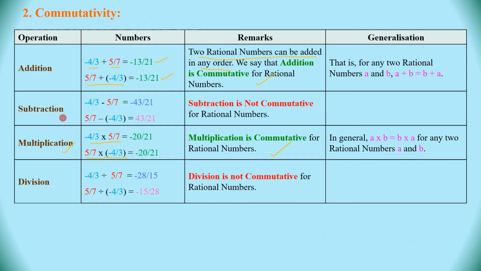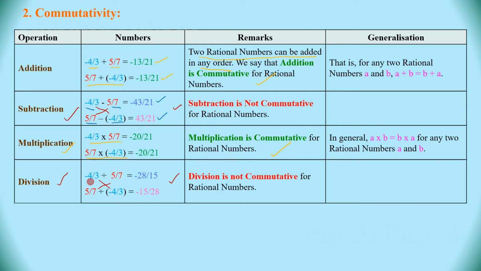But in the case of subtraction and division, if we change the order of the numbers, we get different answers. That is, when 5 by 7 is subtracted from minus 4 by 3, it is minus 43 by 21. If we subtract minus 4 by 3 from 5 by 7, we get 43 by 21.